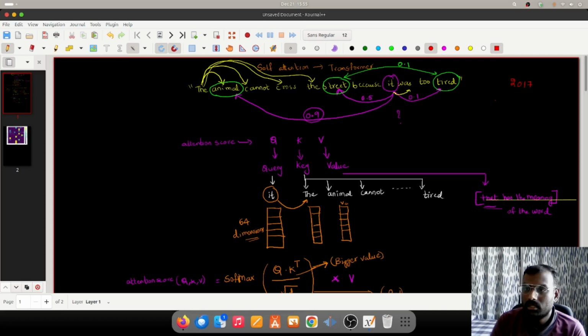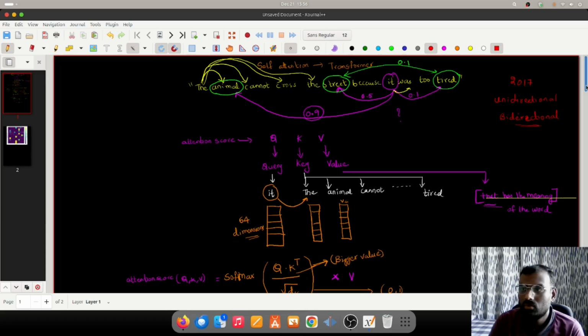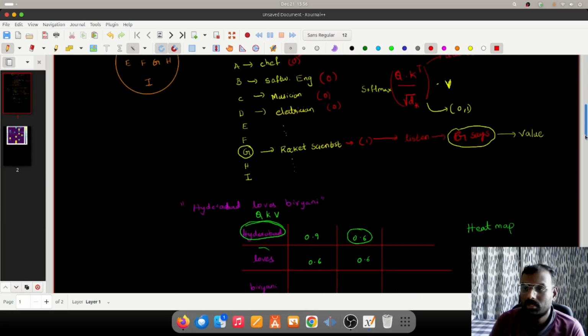Before that, neural networks or NLP processed sentences in a unidirectional way. After 2017 the transformer architecture came, which is bidirectional in nature. So this gave the self attention mechanism to our transformer architecture.